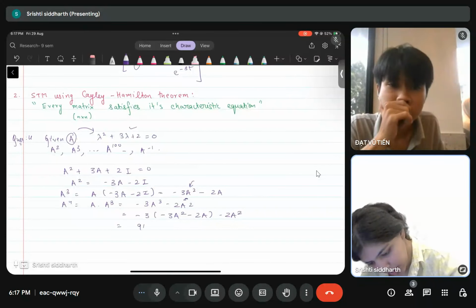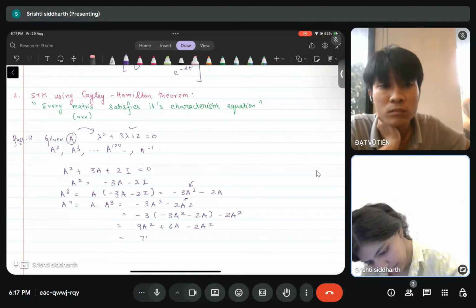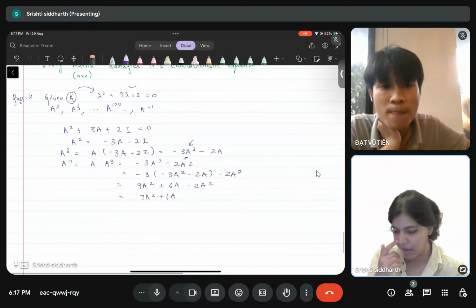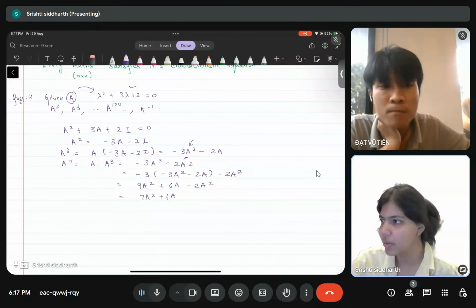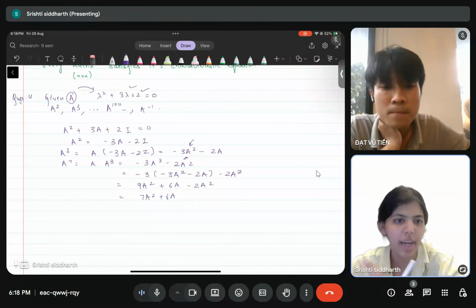So it's 9A squared plus 6A minus 2A squared. So we reduce everything to the powers which are available to us in this characteristic equation.